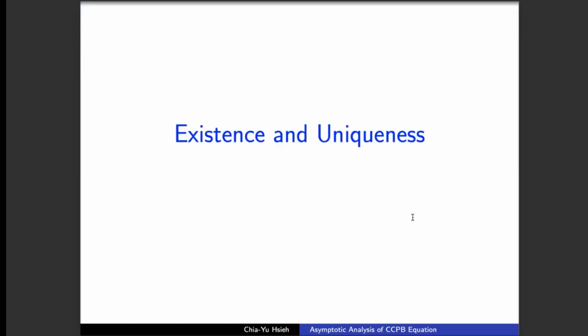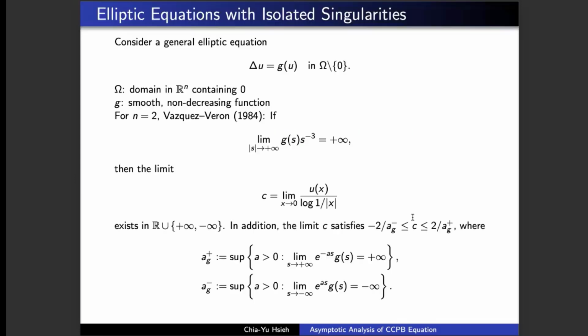Okay, now I'm going to introduce our first result about existence and uniqueness with possible singularity. Of course, the first thing we want to figure out is what kind of singularity the solution to the Poisson-Boltzmann model can have.